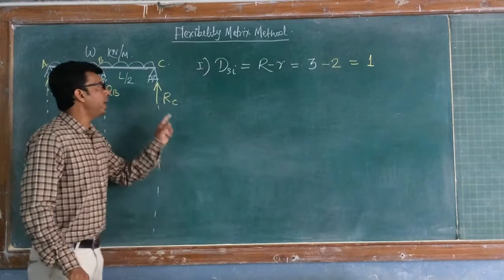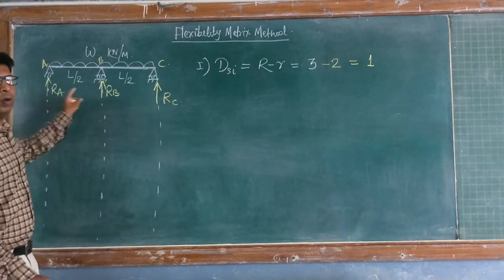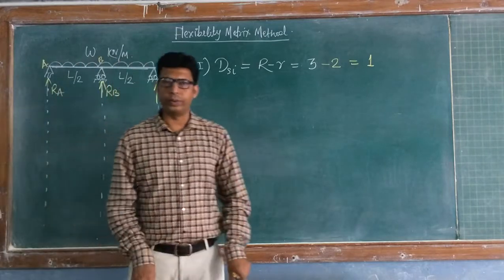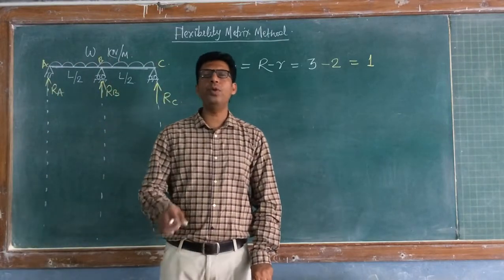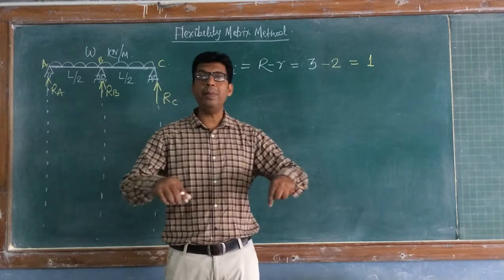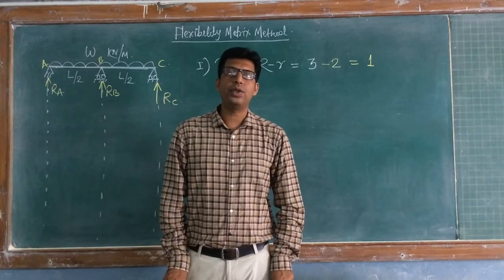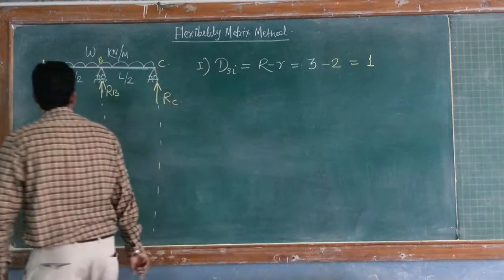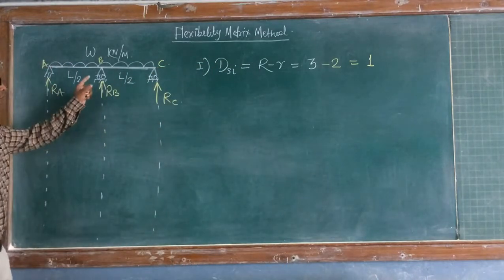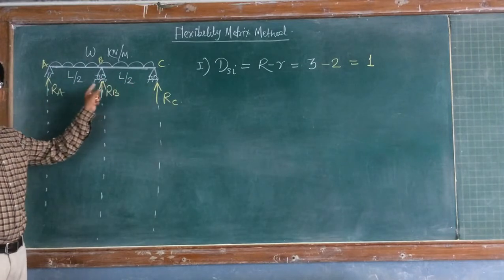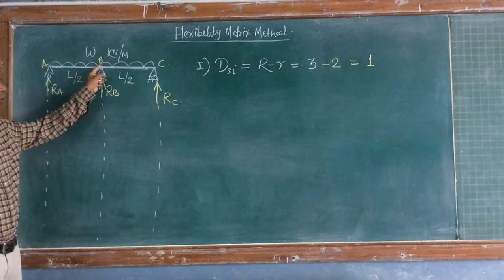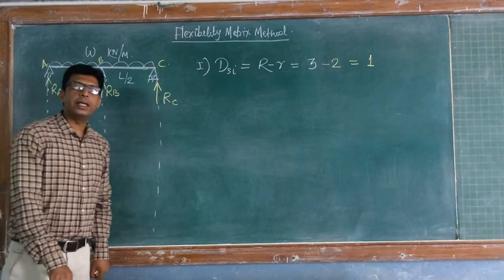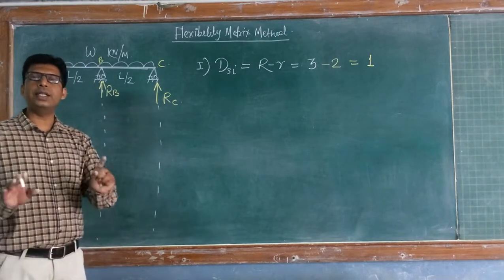Each support has one reaction, so we have to remove any one support. But remember, when you remove any one support, the remaining beam structure must be stable, right? So it is always better, if there are 3 supports, to remove the middle support so that the remaining beam is a simply supported beam, statically determinate.